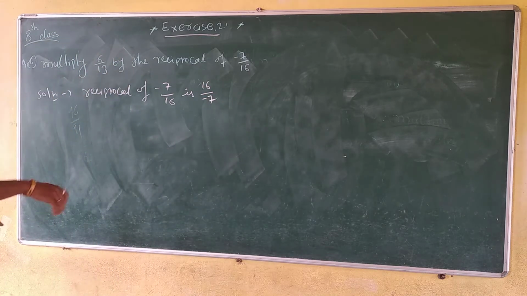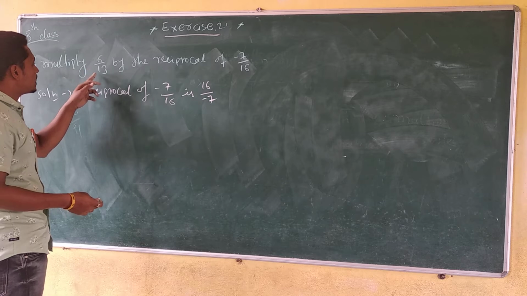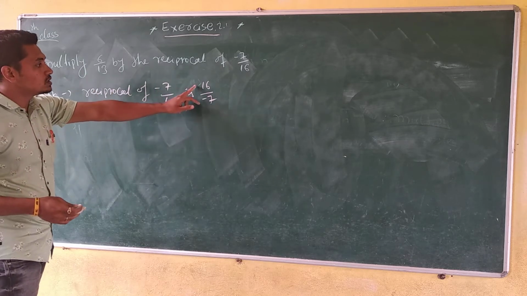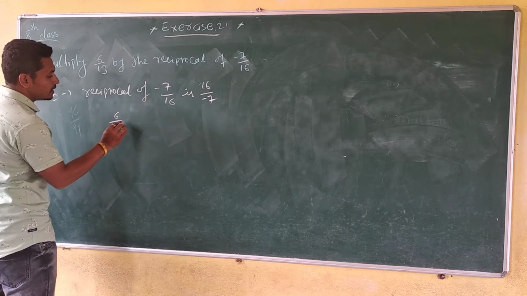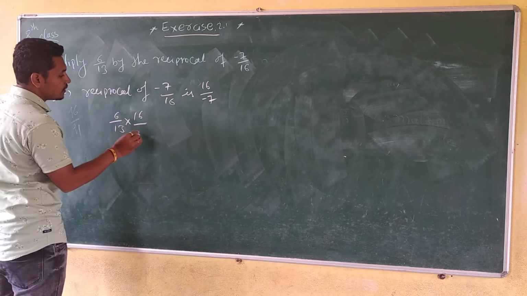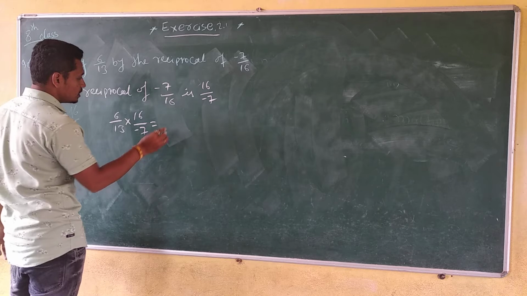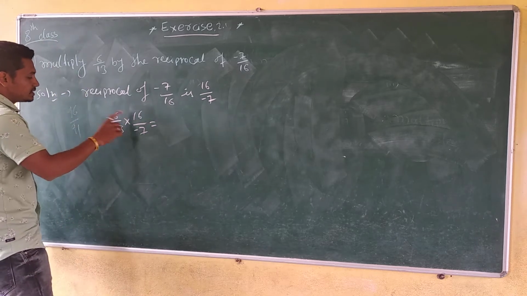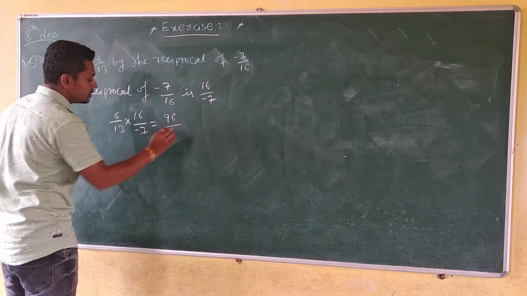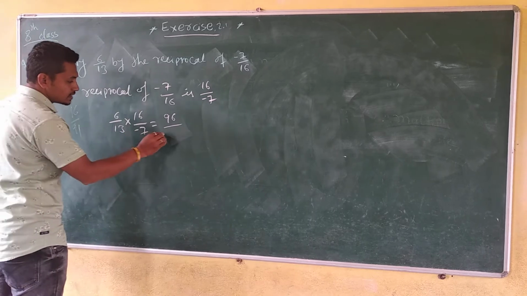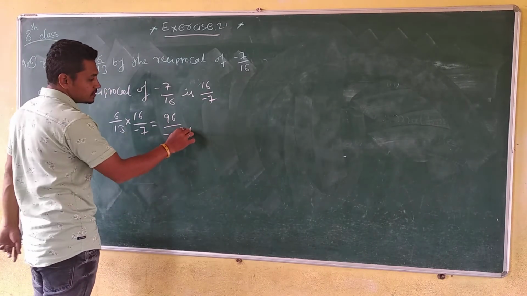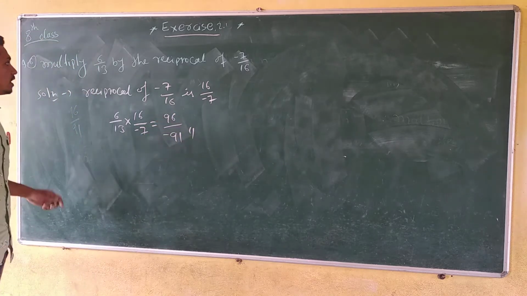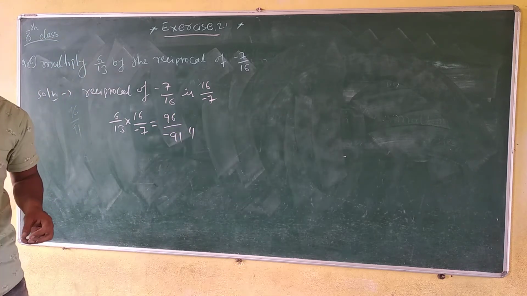Now multiply 6 divided by 13 into 16 divided by minus 7, which is 6 times 16 is 96, divided by 13 times 7, which is 91, with a minus sign, so the answer is minus 96 divided by 91.